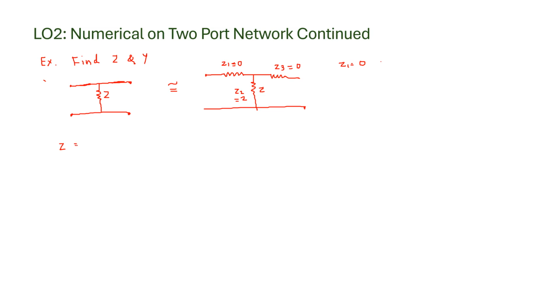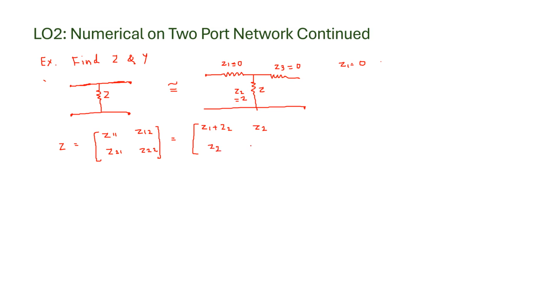So Z parameters equal to, we know that it's Z11, Z12, Z21 and Z22. Now what is Z11 value? Z11 value is Z1 plus Z2. Z12 value is Z2 only, that is common between loop 1 and 2.